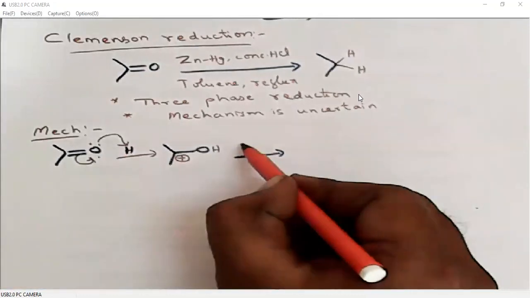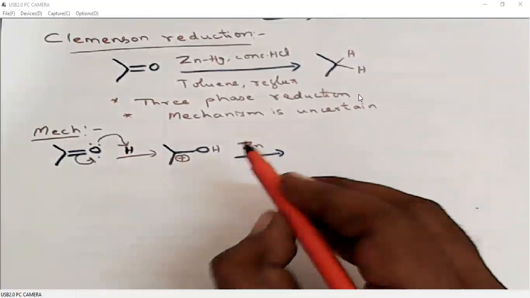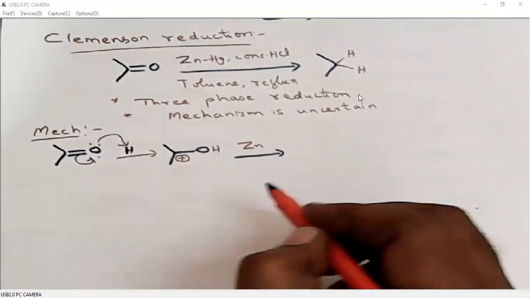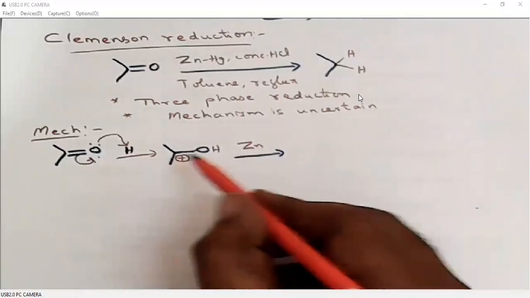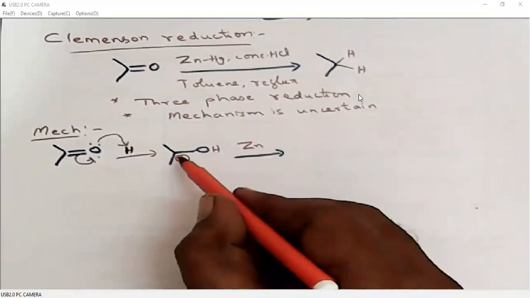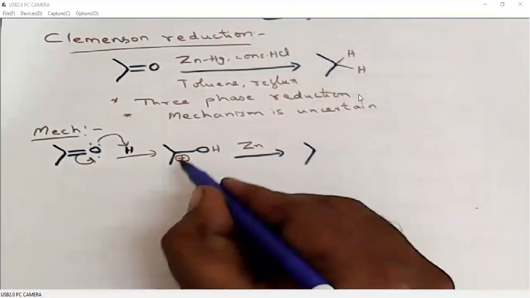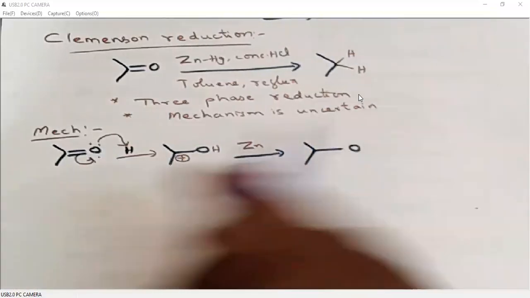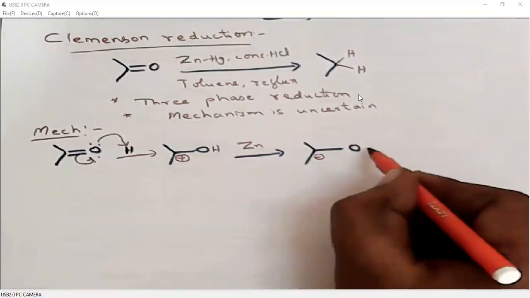Zinc metal is an electropositive metal, so immediately it releases 2 electrons. So zinc plus 2 is more stable. The positive carbon, when it takes a single electron, becomes neutral. When it takes 2 electrons, it becomes negatively charged. So the positively charged carbocation is now converted to a negatively charged carbanion when we add zinc metal.